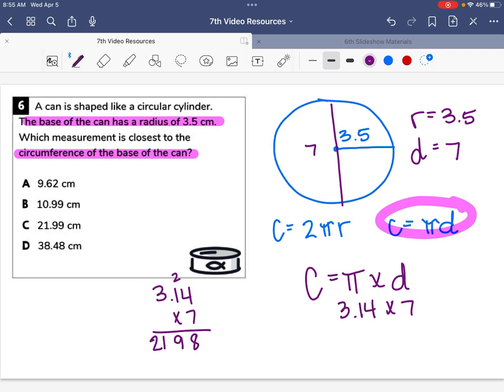Again, there are two numbers in my problem behind the decimal, so there will be two numbers in my solution behind the decimal. And the closest value, because it's asking for closest, is 21.98, which I could have estimated just by looking at 3 and 14 hundredths times 7. I know that it's going to be around 21, but a little bit more. All right, thank you very much.